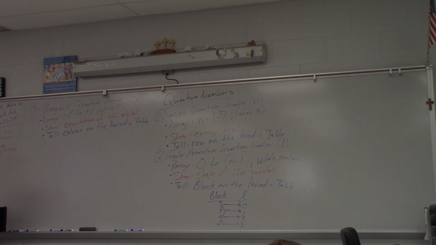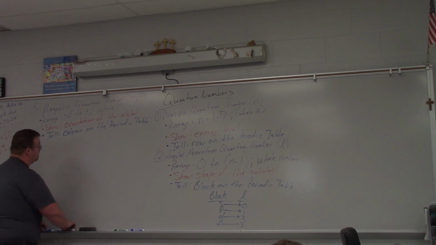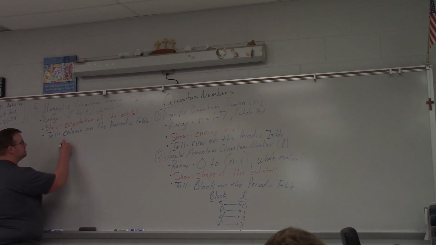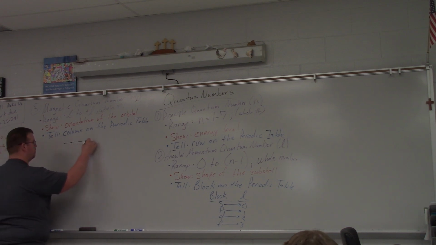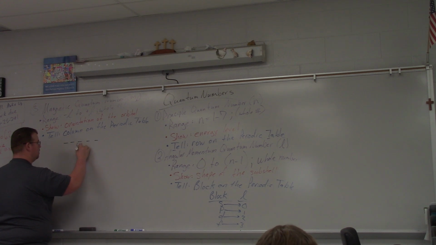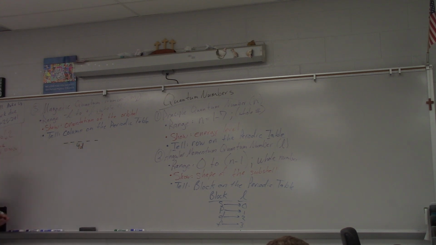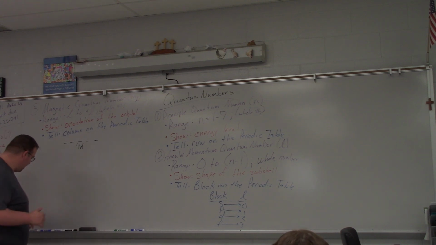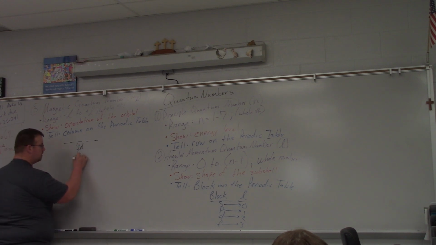So kind of like what I was just explaining, let's take 4D for example. So I have a 4D subshell. There are 5 orbitals in the 4D subshell. This is the breakdown of what everything is. The 4 is N, which is the energy level.